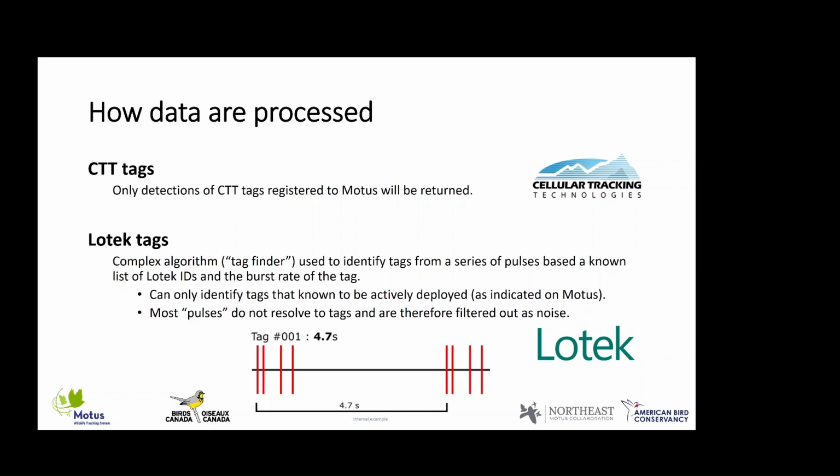The reason is that the manufacturer only uses those first 4 pulses to get an ID, and Motus uses the interval between the times that it sends out those signals to increase the number of possible IDs that are out there. So in the example at the bottom of the page, you can see there's 4 pulses, and that corresponds to tag ID number 1, just as an example, and then it's emitting those 4 pulses every 4.7 seconds.